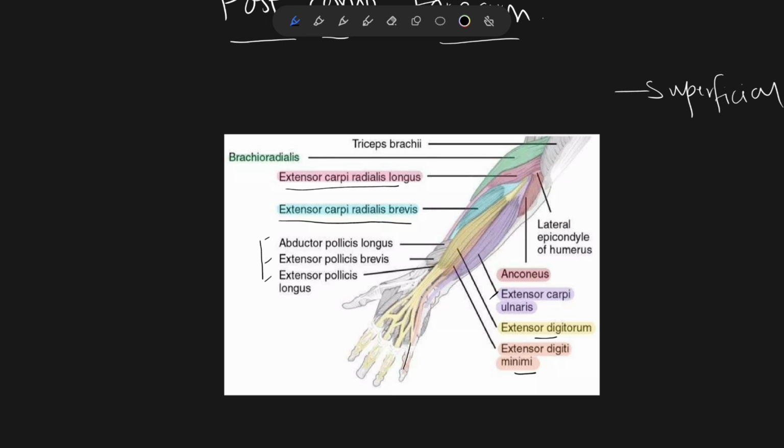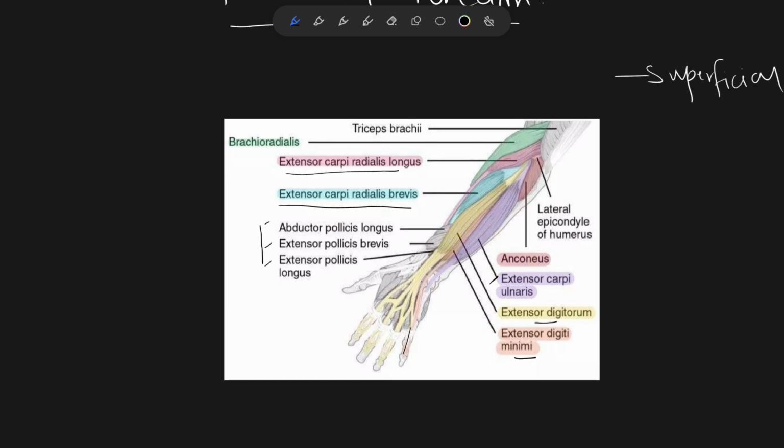So the superficial muscles, let's do them one by one. Extensor carpi ulnaris originates from the ulna, the ulnar side of our hand. It comes all over here and attaches to the carpal bone on the ulnar side. And then we have extensor digitorum.